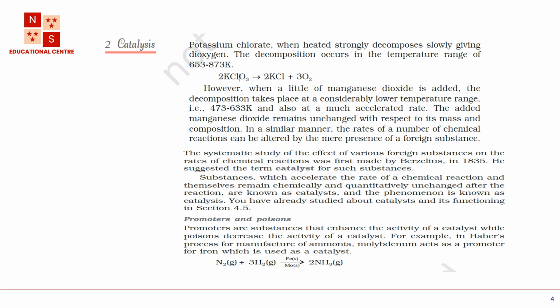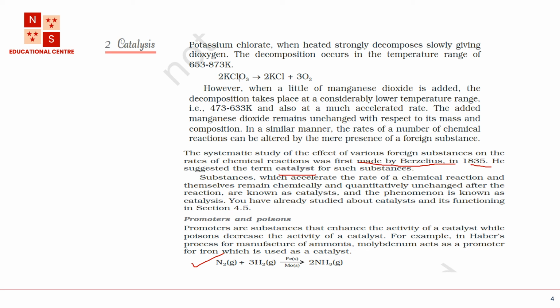So this is about catalysis, and this is in the book. The next topic we are studying is promoters. Important 3-mark question: What is a catalyst? What is a promoter? This is based upon the mechanism. If you write in a tabular column, you will get more marks. So catalysis was first named by Berzelius in 1835.